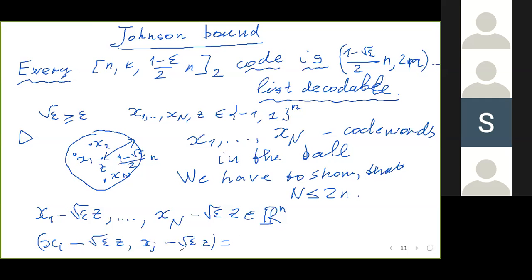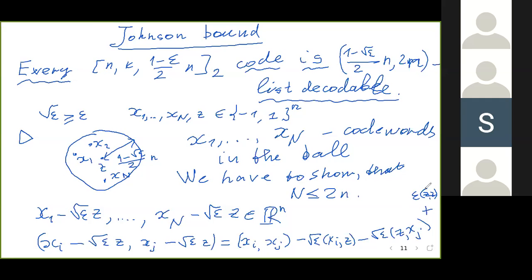Using distributivity, or in other words, using the linearity of inner product, we can rewrite this as xi xj minus square root of epsilon times xi z, minus square root of epsilon times z xj, and plus epsilon times the inner square of z.